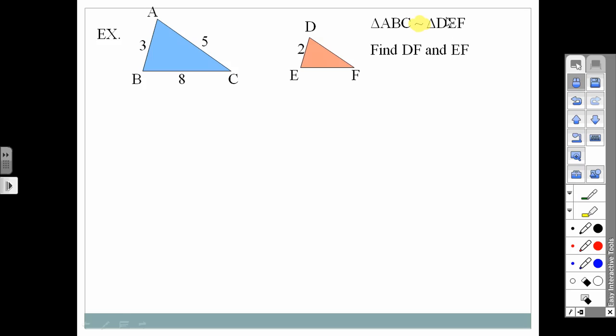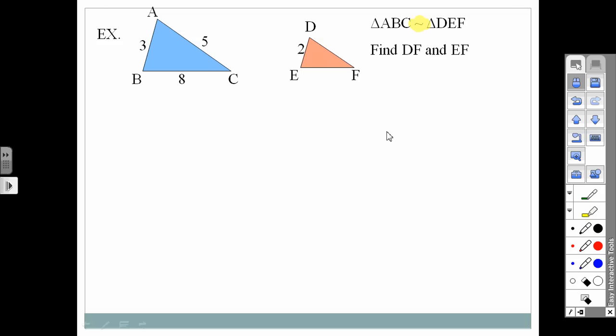This is going to be really important when they start giving us diagrams where the figures are all upside down and mixed up, and you're not going to be able to see naturally that 3 goes with 2, or that 5 goes with DF, or 8 goes with EF. You'll actually have to read the letters to figure it out.